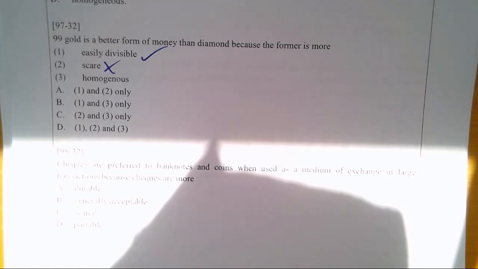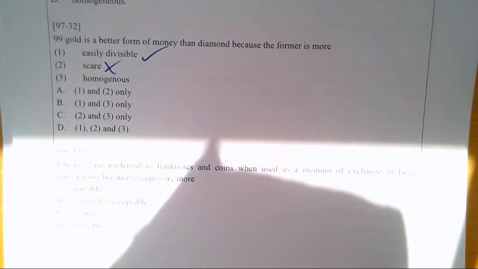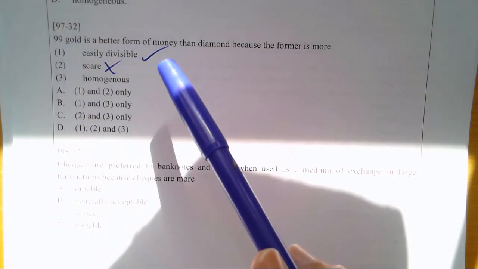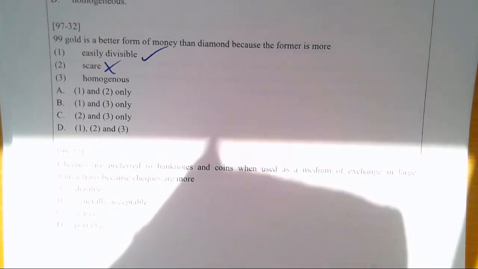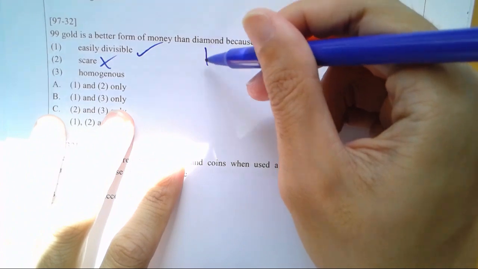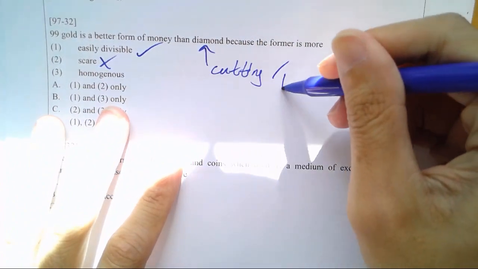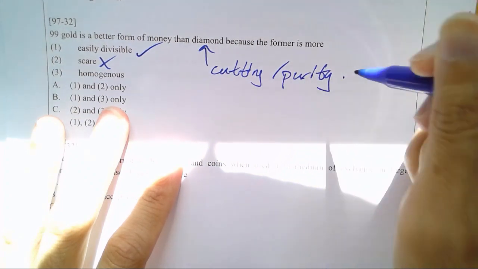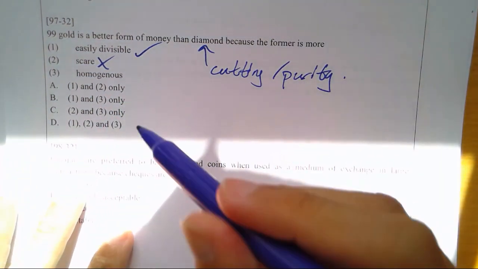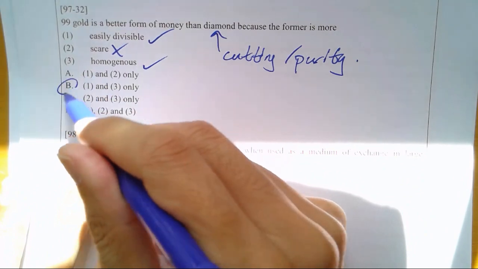Yes, diamond has a smaller quantity than gold, and the demand for diamond is actually much higher. Now homogeneous. Yes, actually, gold is more homogeneous than diamond because, you know, diamond has many dimensions, the cutting, the purity, etc. It can be vastly different. Okay, so 1 and 3.